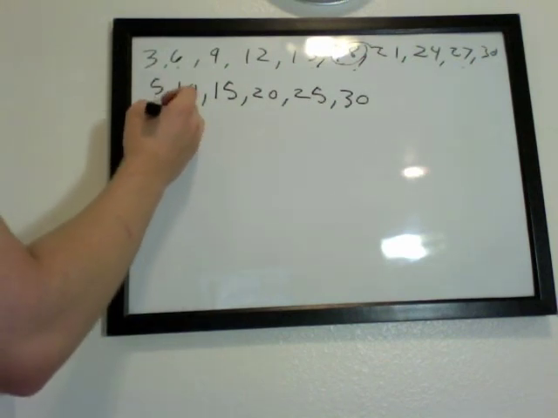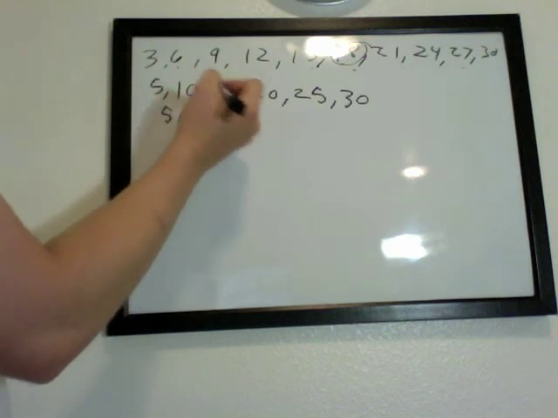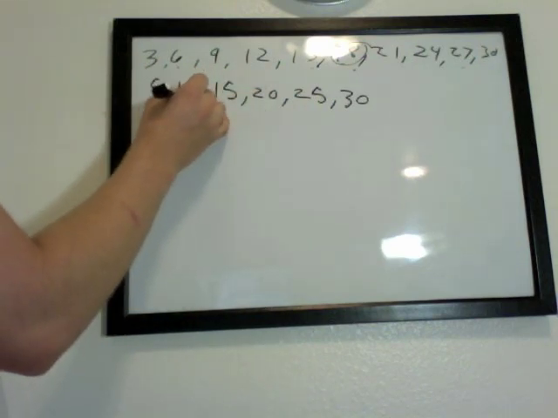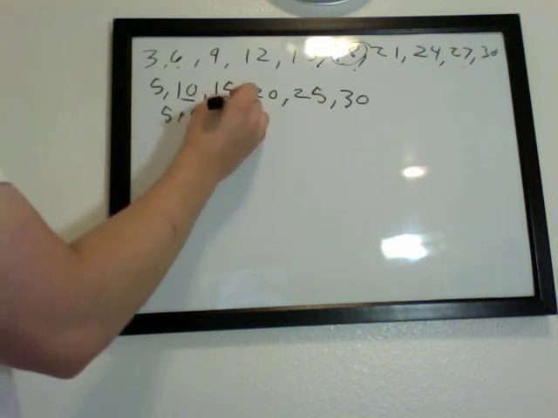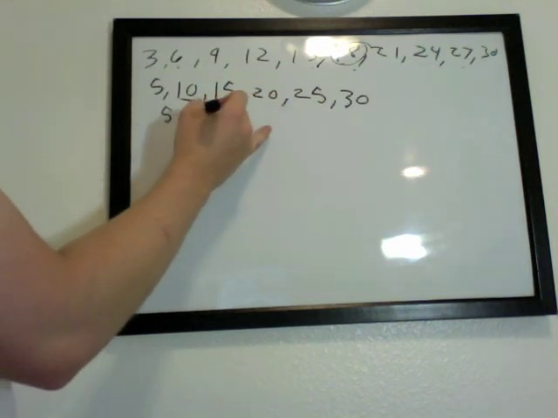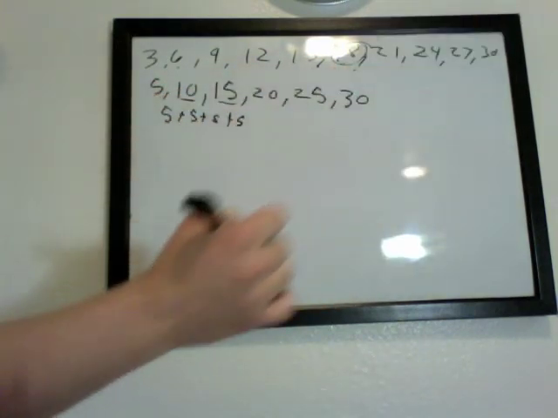Now, 5 plus 5, that's 10. If you add another 5, 5 plus 5 plus 5 is 15. 5 plus 5 plus 5 plus 5 is 20. So on and so forth.